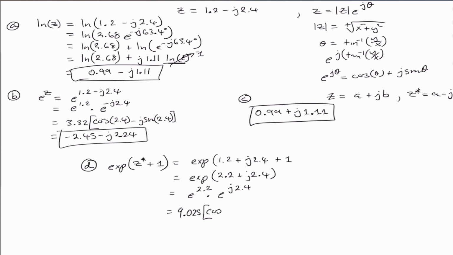We take cosine 2.4 plus j sine 2.4, and we end up with a value of negative 6.65 plus j times 6.10. And that's it for d.